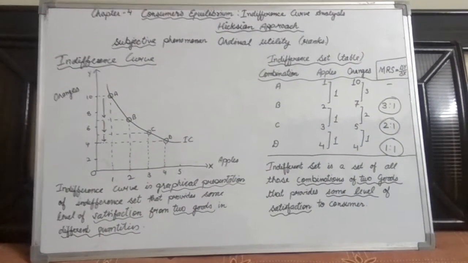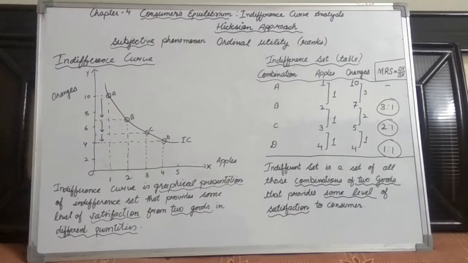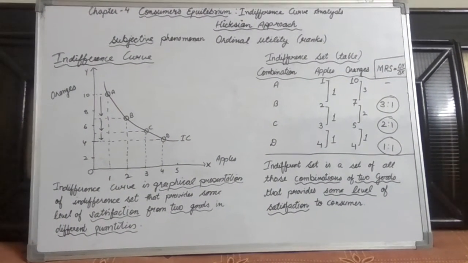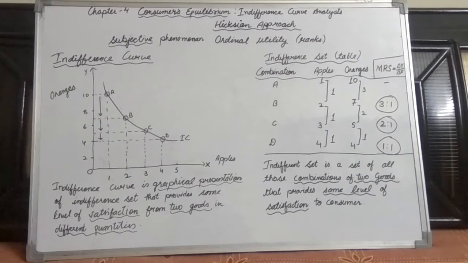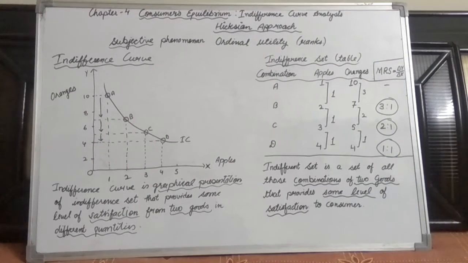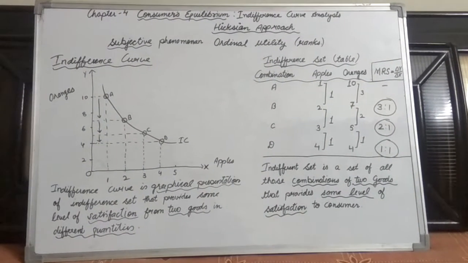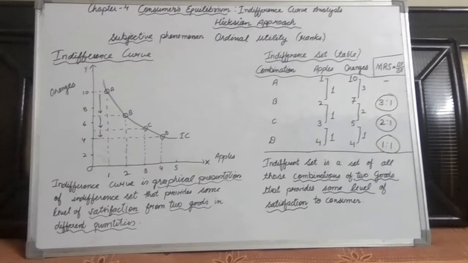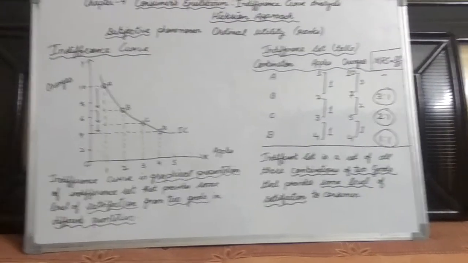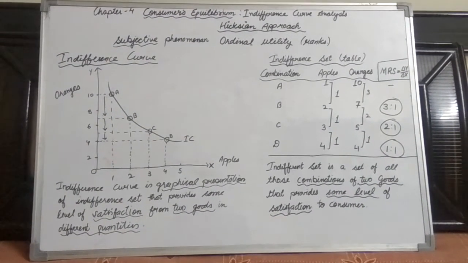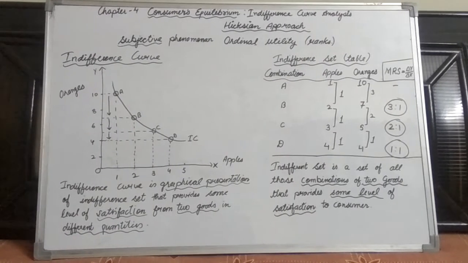So here we can conclude that the indifference curve is given by Hicks. The indifference set is shown clearly, and further the indifference curve is shown as per the different values given by the indifference set. So read this topic properly and revise the same.